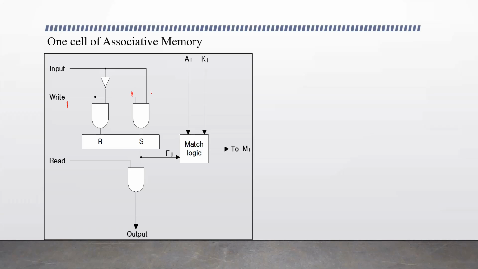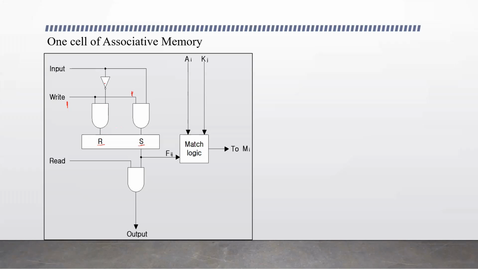So if the input is 0, that is written. The bit S represents set here and R is reset. The bit in each cell can be set or reset. To set, the input is taken as it is, and an AND operation is performed with the input bit and write. When it is enabled, the bit is written into the cell.